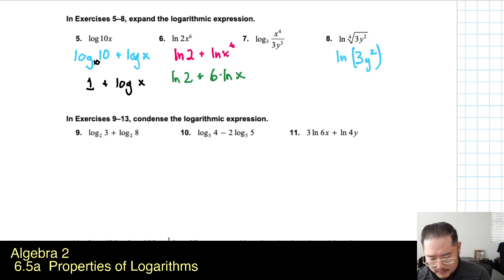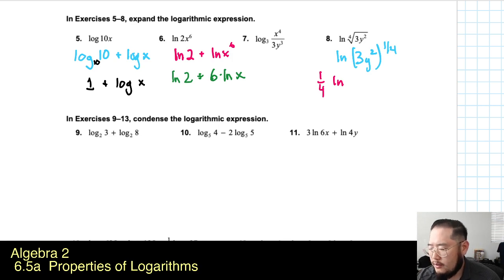Okay, so that right there, pretty straightforward. Let's go ahead next. Let's bring down that exponent. Okay, so using the power property, we now have 1/4, and then we have ln of 3y squared.